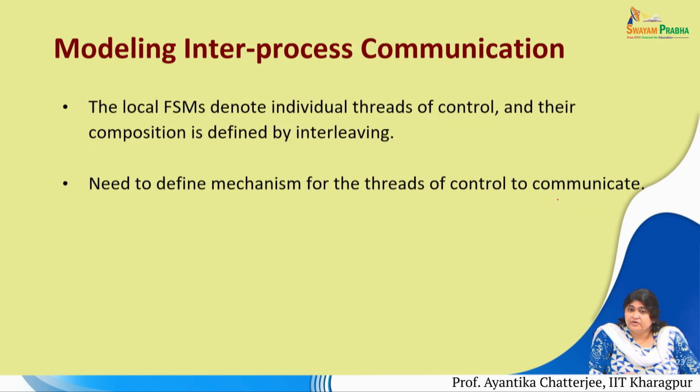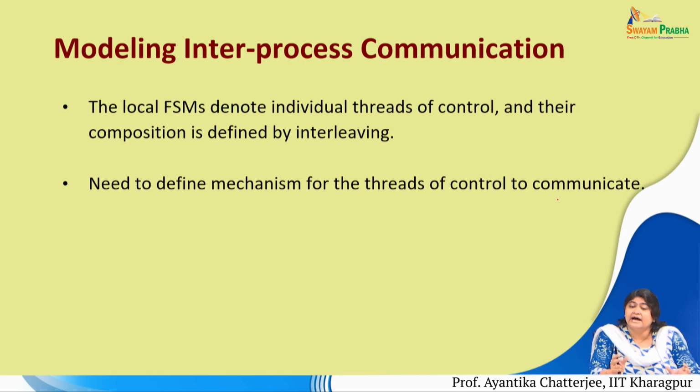For that we need to validate. This is not about validating only the unit steps, or the hierarchy or the concurrency, whatever we have discussed so far of the FSM part. It is also necessary to validate the inter-process communication, the communication between two FSMs.